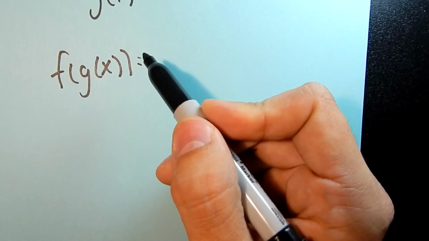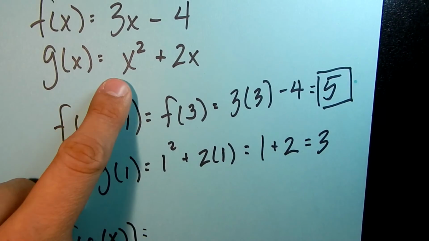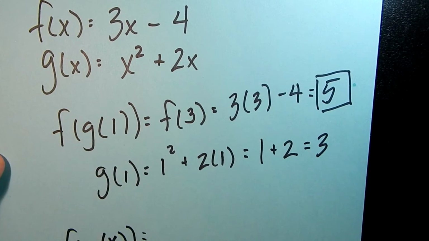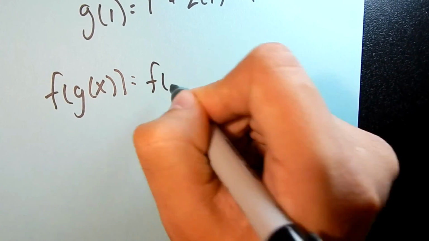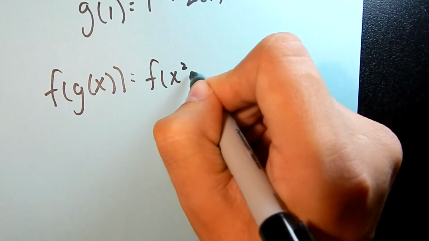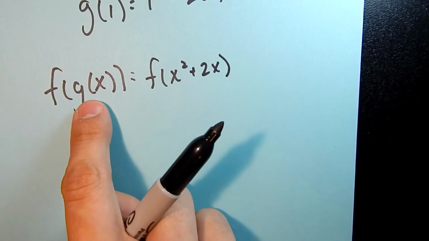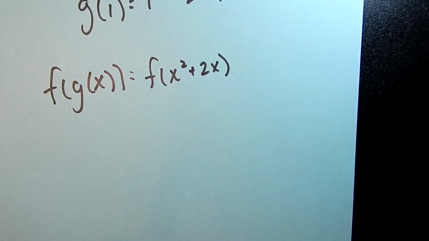So we find the output for g, which we remember from above is x squared plus 2x. So that means down here, what I'm finding is f of x squared plus 2x, because that's my output of g of x. And I'm feeding it into my f function.